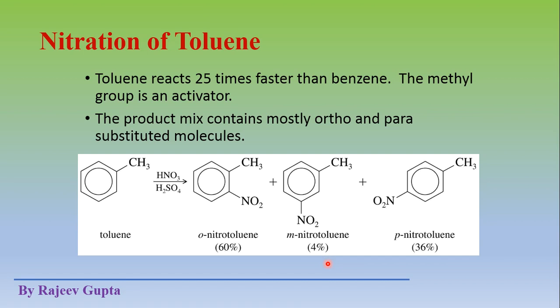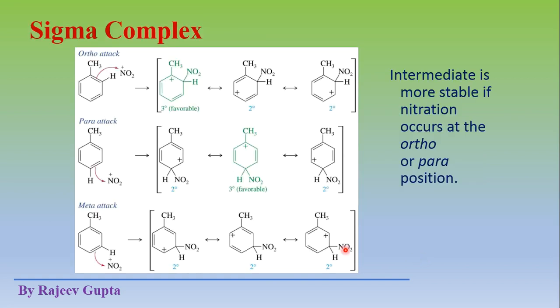How do we get these variations in these yields? This is the description. We can observe this by observing the sigma complexes, which are formed by the addition of this nitronium ion on this benzene ring system.